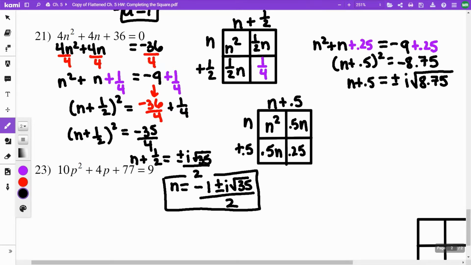Okay. So I'm just going to leave it like that temporarily. I'm going to clean it up here in a second. So I have negative 5.5 plus or minus i and the square root of 8.75.